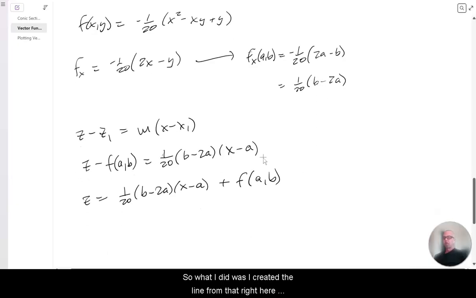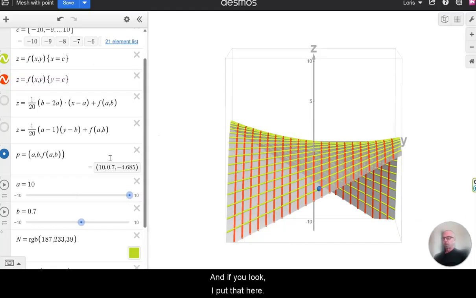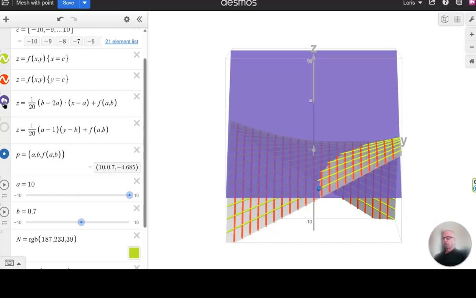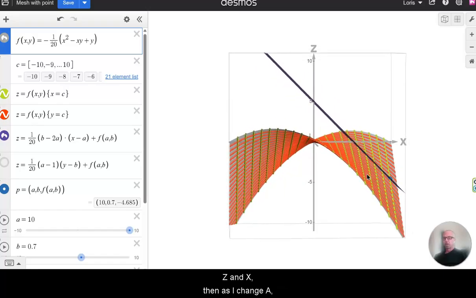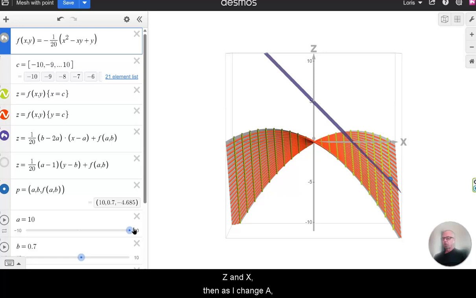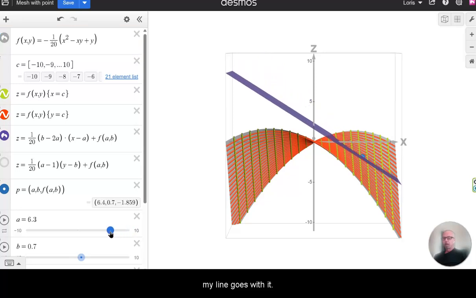So what I did was I created the line from that right here using the point slope form, and I created a line using (a, b) as my point. And if you look, I put that here, and if I look directly onto z and x, then as I change a, my line goes with it.